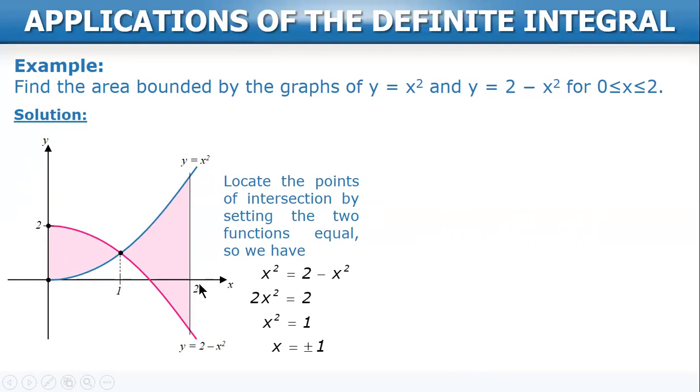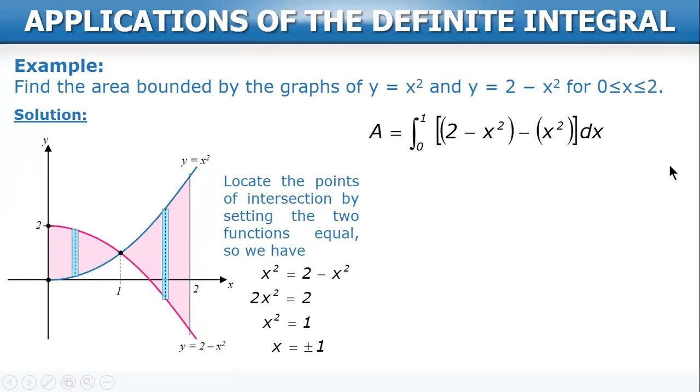While from 1 to 2, the upper graph is x squared, and the lower graph is 2 minus x squared. So we have to break this area into two integrals. If you consider a rectangle, pink minus blue, while from 1 to 2, it's blue minus pink.